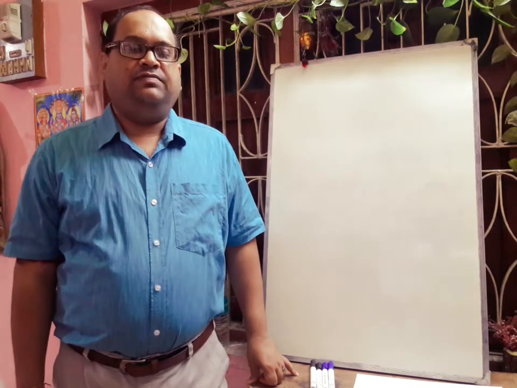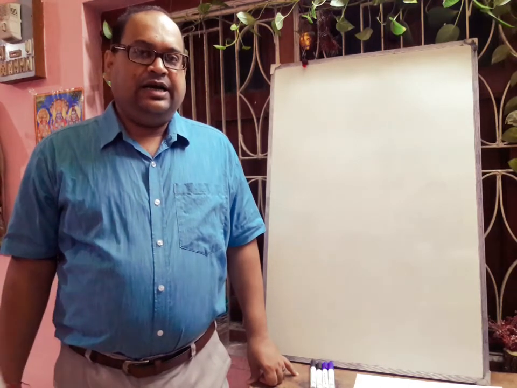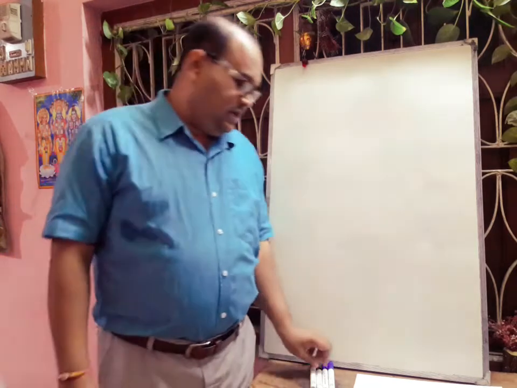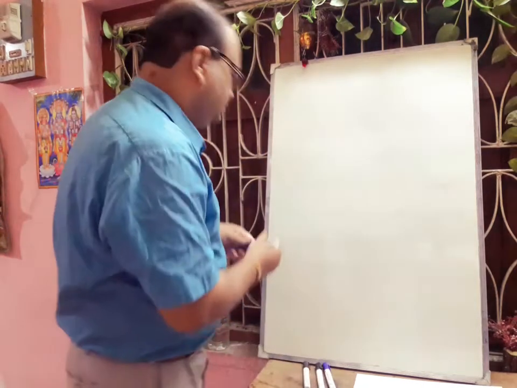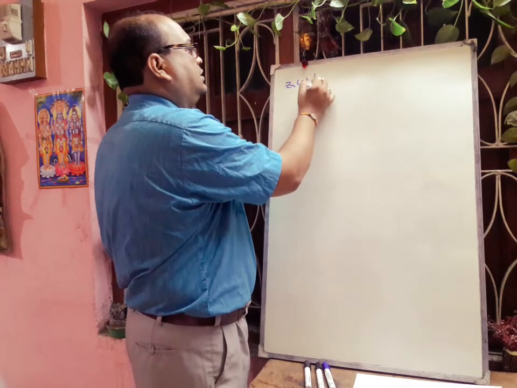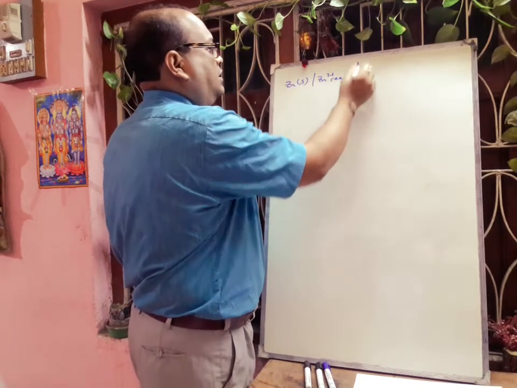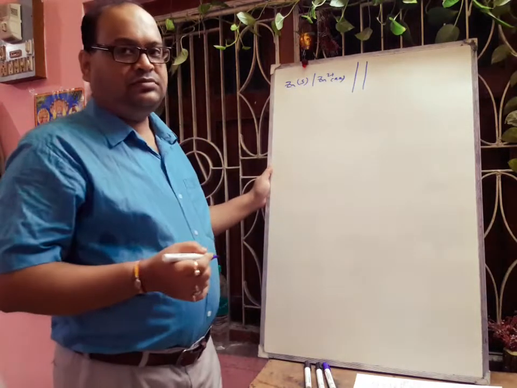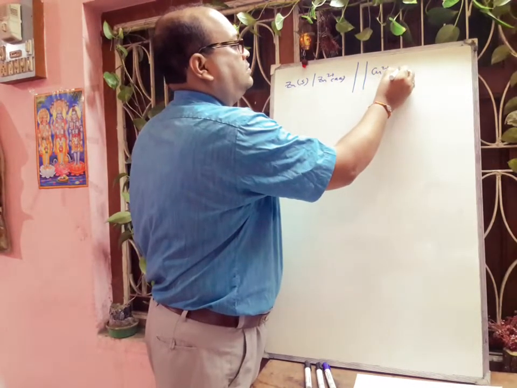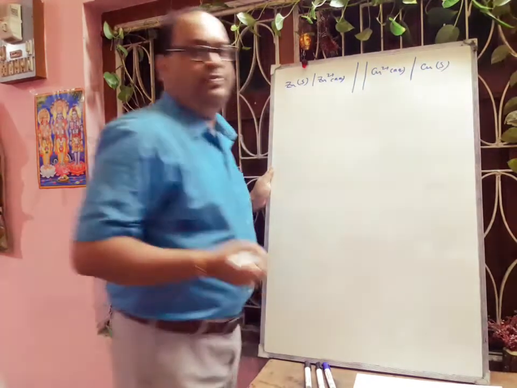It consists of zinc and copper electrode, and we can represent the Daniell cell in this way: Zn solid, Zn2+ aqueous, double slash, Cu2+ aqueous, single slash, Cu solid.